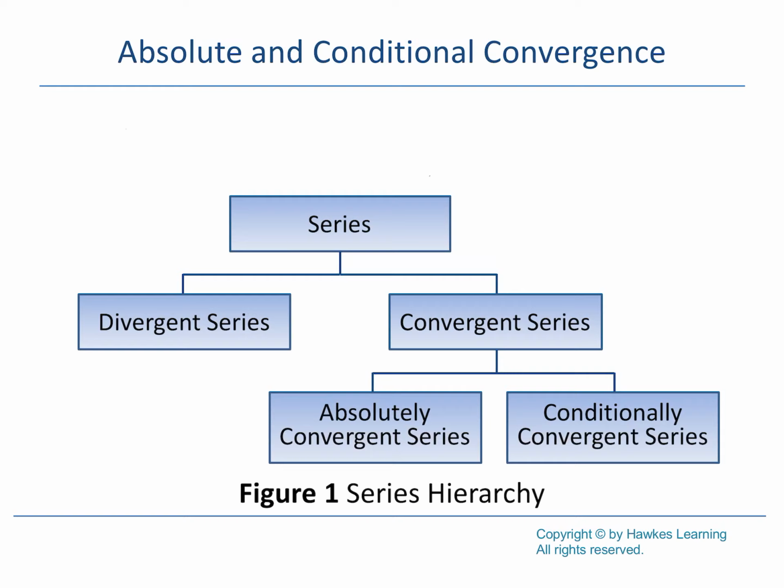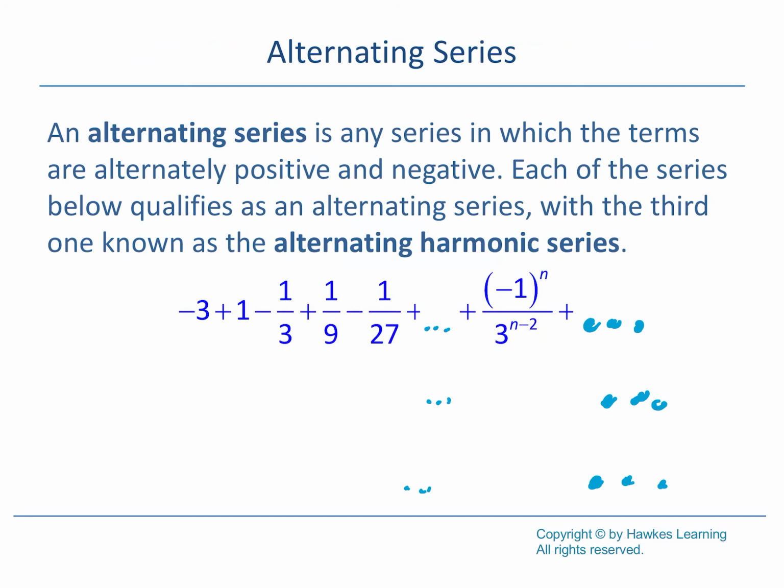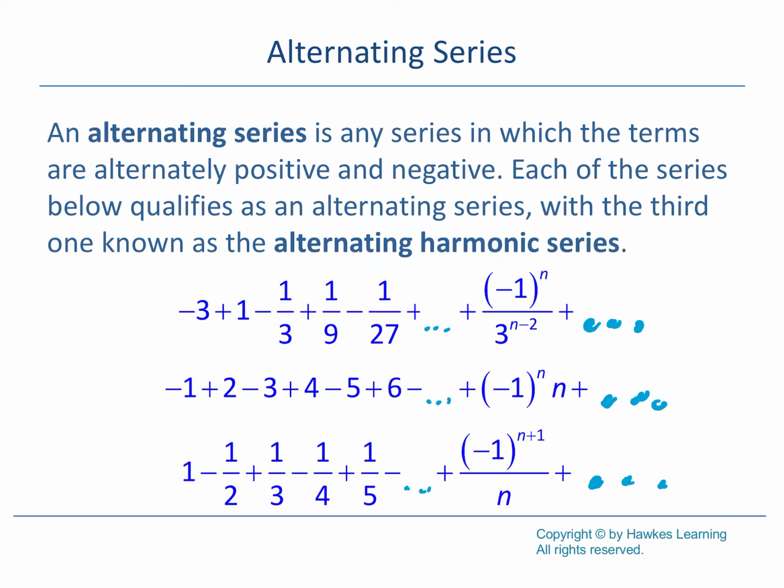And these things only happen when you're working with alternating series. Alternating series, like this one, or this one, are named alternating series because their signs alternate positive and negative for each next term.